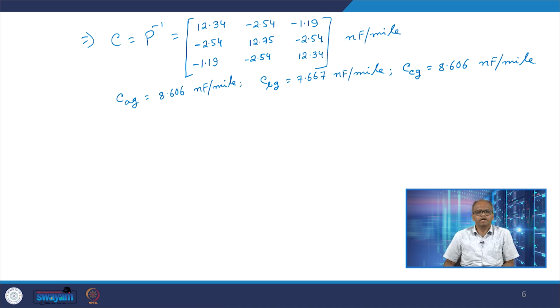Right. So that's how we calculate the capacitance matrices of any three-phase transmission line from its distances.